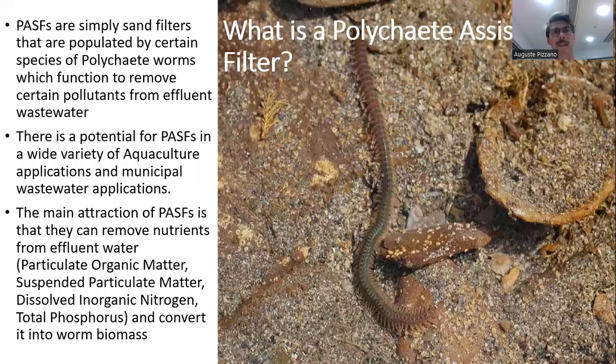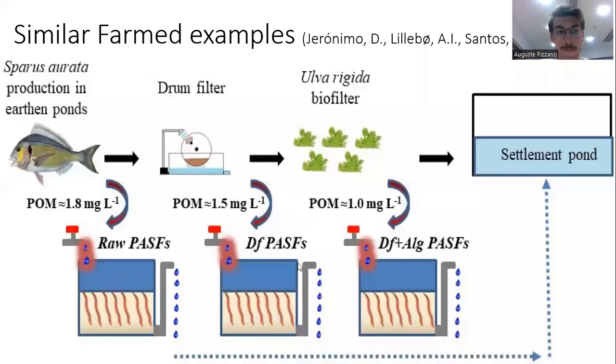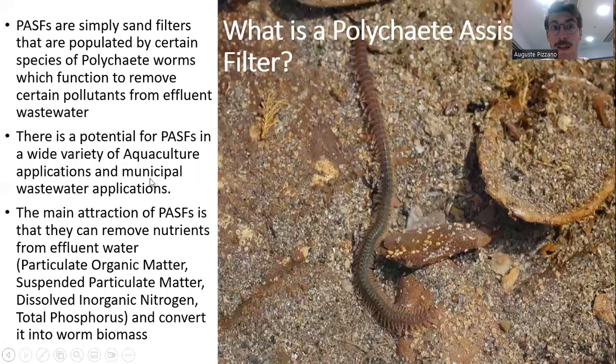What is a polychaete-assisted sand filter? Well, really, it's just a sand filter that's populated by a certain species of polychaete worms. Basically, the worms' job is to live in that sand, and the water that they get is usually filled with organic matter, and they will eat that organic matter and convert it.